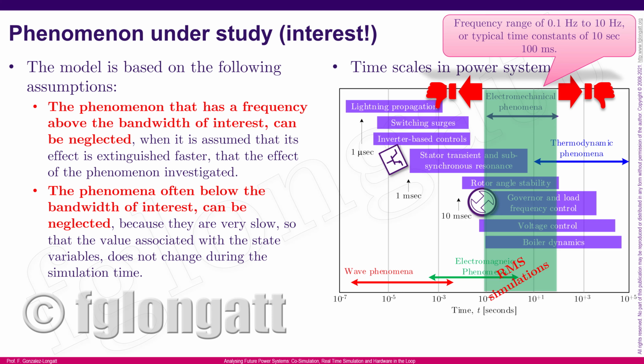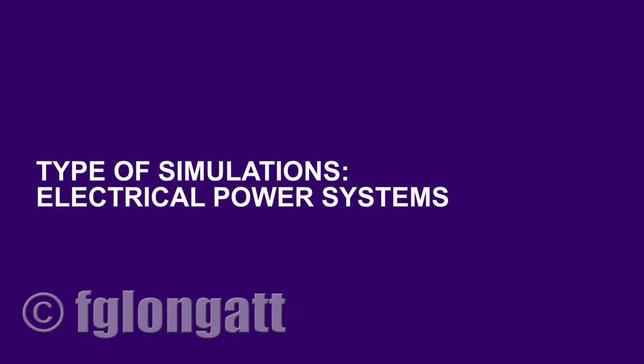What we do when we use these time scales is that we say all the phenomena above this time are neglected, and below that also are neglected, and we focus just on this time scale, okay? However, those time scales are extremely important because they define the different types of simulations that we can find in a classical power system.